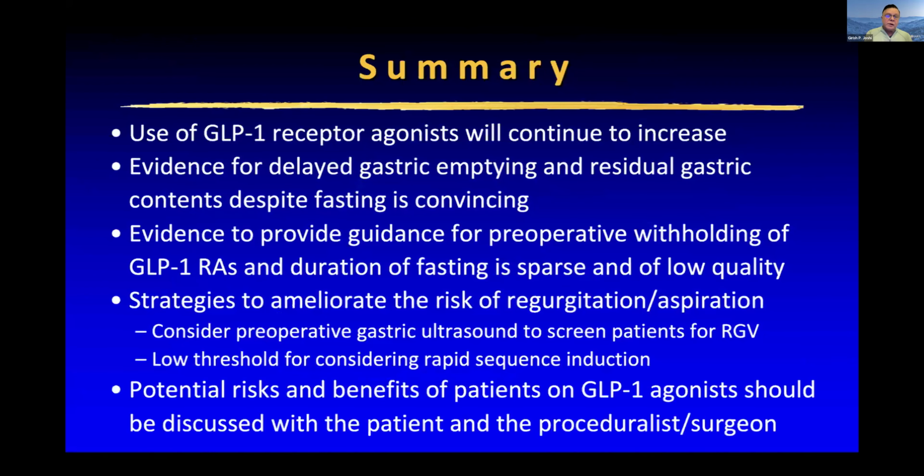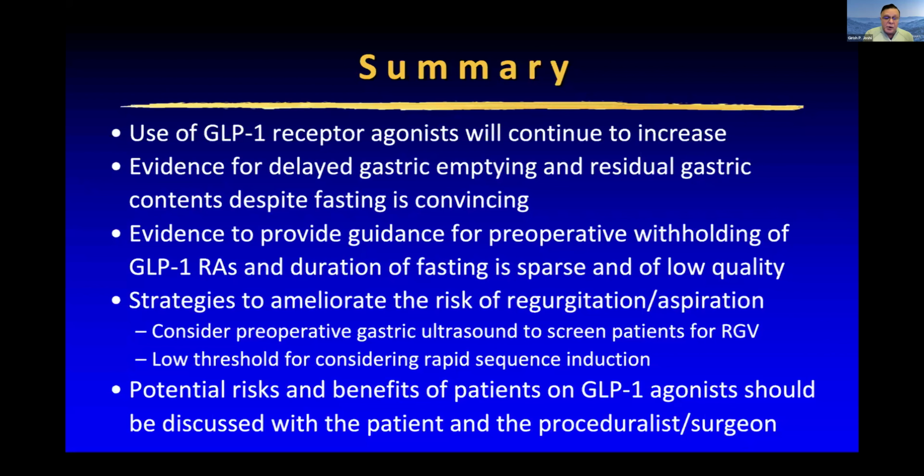So to summarize, use of GLP agonists will continue to increase because of the significant benefits with regards to weight loss and cardiovascular benefits. There is evidence of delayed gastric emptying and increased residual gastric content despite fasting. That is really convincing evidence. The evidence to provide guidance for pre-op withholding these drugs and the duration of fasting is sparse and of low quality.